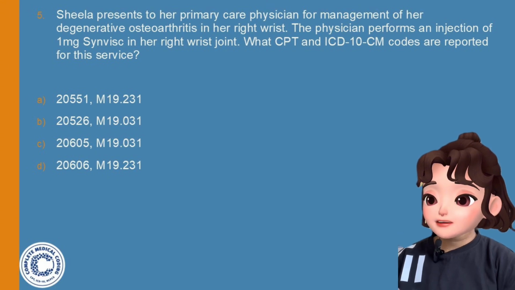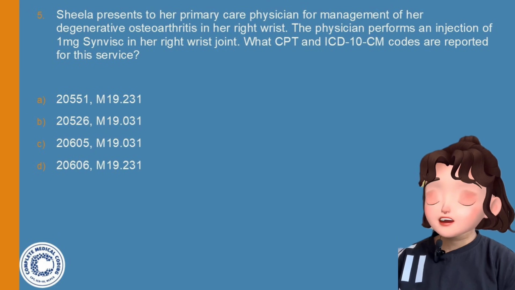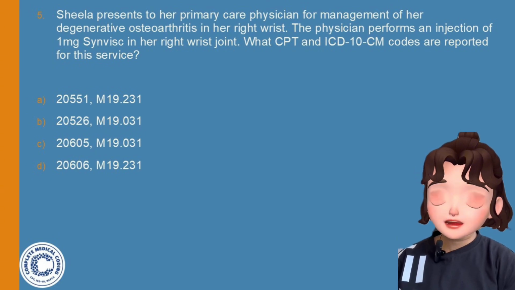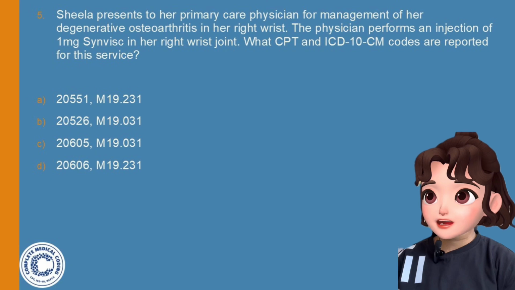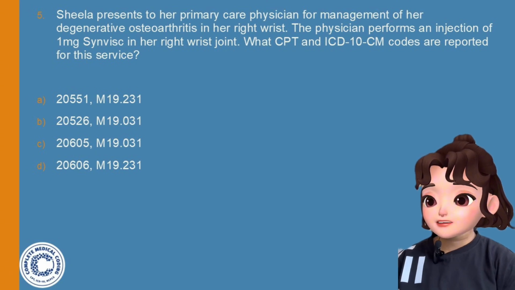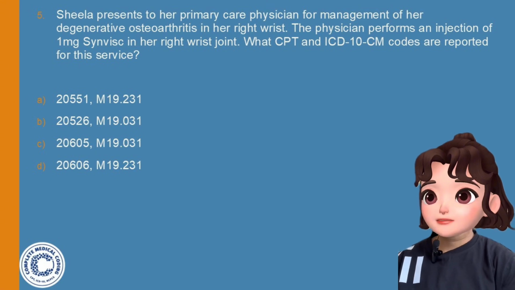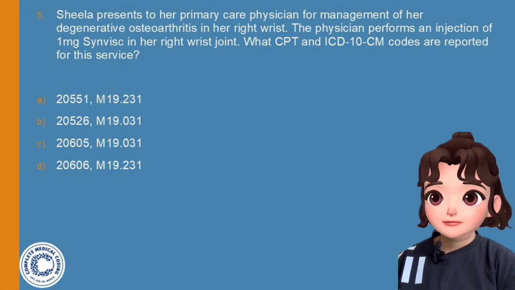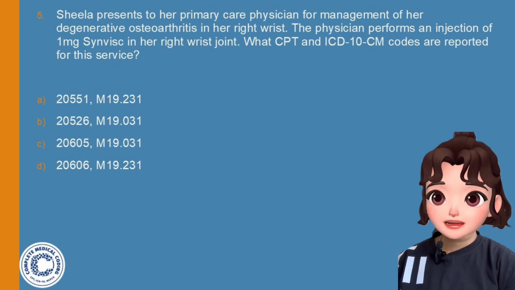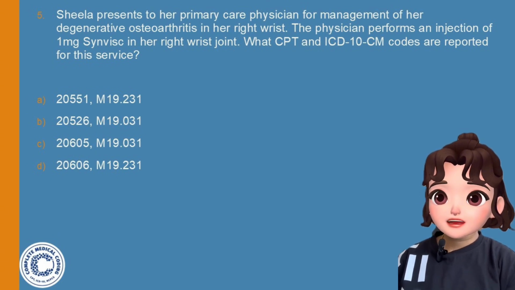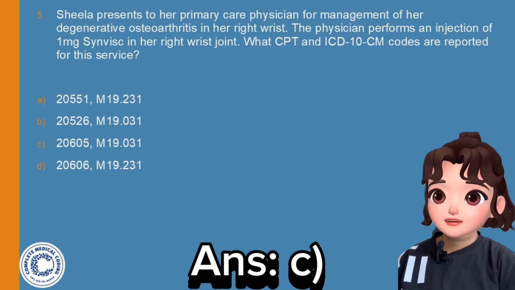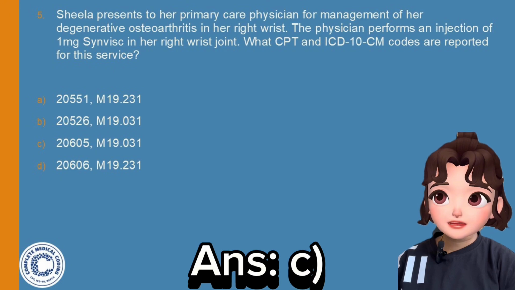Example, temporomandibular, wrist, elbow, ankle. See, wrist is mentioned in code 20605. And this is aspiration injection, arthrocentesis, without ultrasound guidance. So our correct CPT code is 20605 with the ICD code for primary osteoarthritis of right wrist. So our correct answer is option C, 20605 and ICD M19.031.